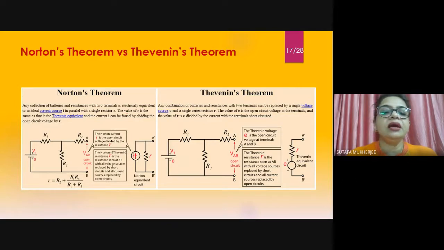The value of R is the same, and the short circuit current can be found. Definitely, if it is not shorted, you are not able to determine the current. And in the case of voltage, it is the open circuit voltage. It is the short circuit current. This is the basic difference between Norton's and Thevenin's.